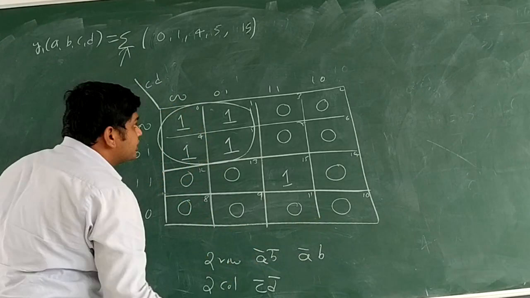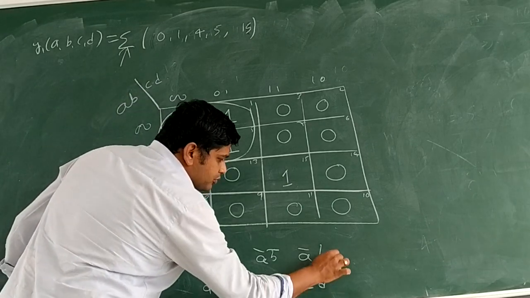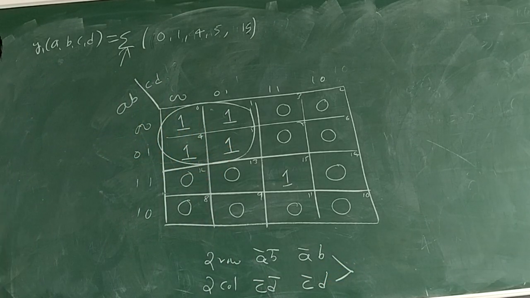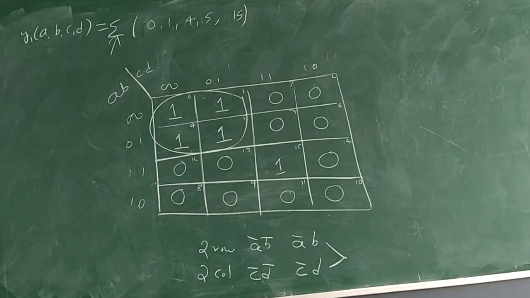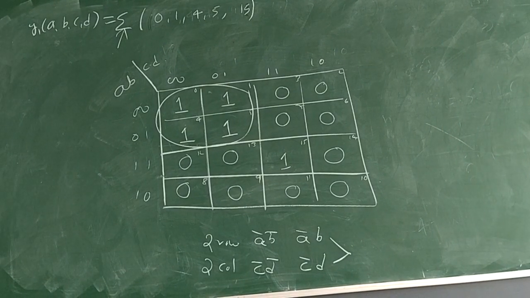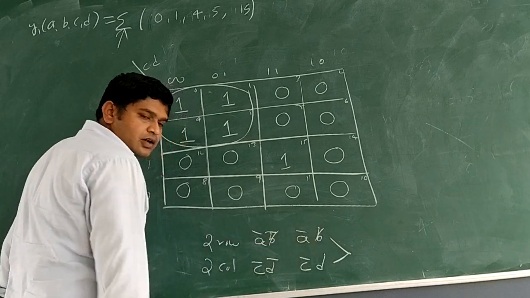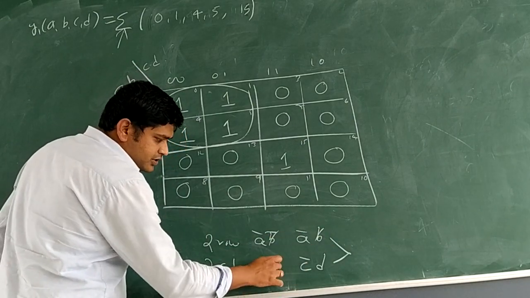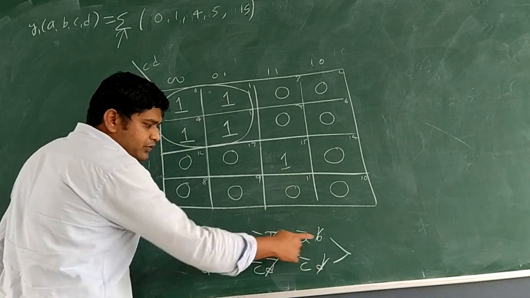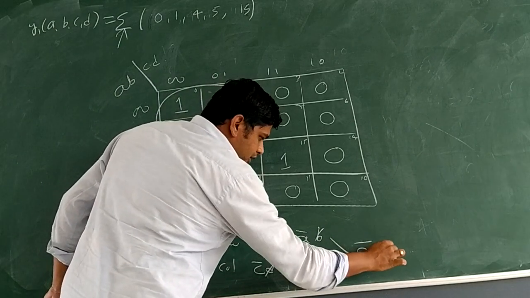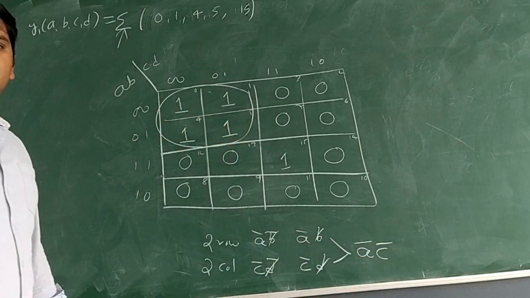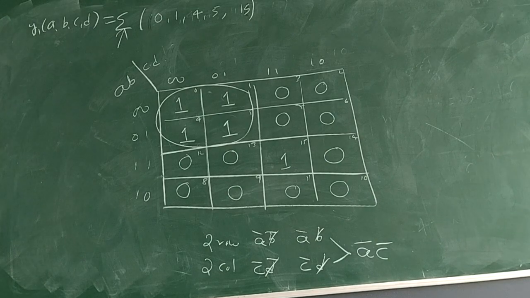C complement D complement, and C complement D. So now try to derive the solution by comparison. Here B bar and B cancel out. So what are we left with? A bar into C bar, A complement into C complement.